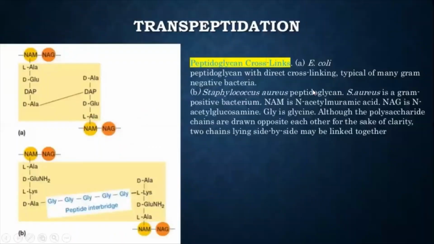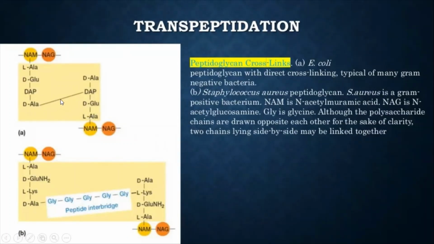Yes. Then comes the transpeptidation, that is cross-linking. In gram-negative bacteria like E. coli, the cross-linking is between the tetrapeptide chains, the typical cross-linking formed here.